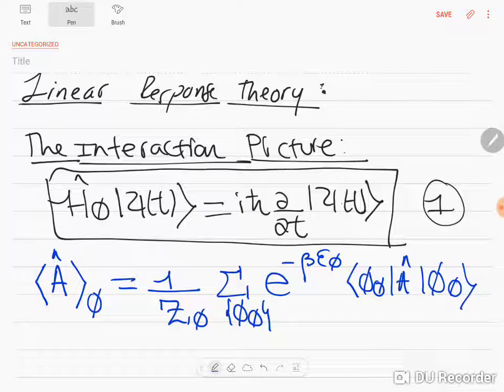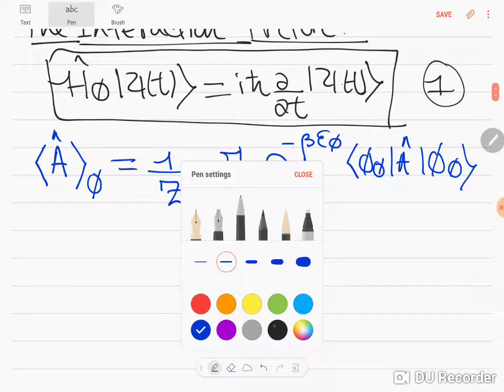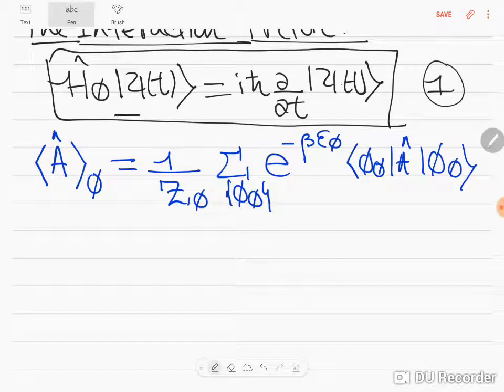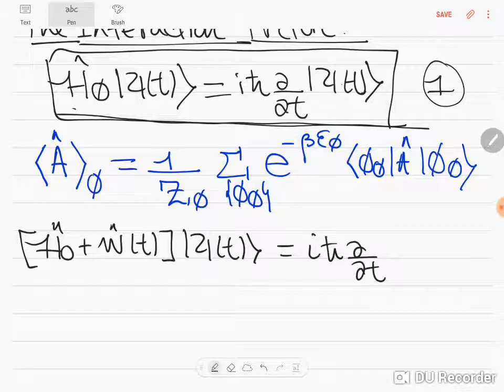Okay, now let us ask the question, what happens when we actually have a perturbation? When we have a perturbation, this ruling mathematical object will turn out to be H0 plus a perturbation W of t, all acting on psi of t, equal to i h bar times the time derivative of the state psi of t.